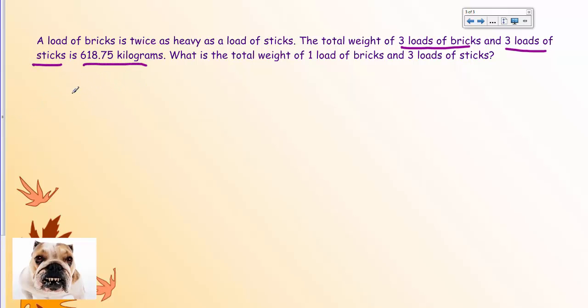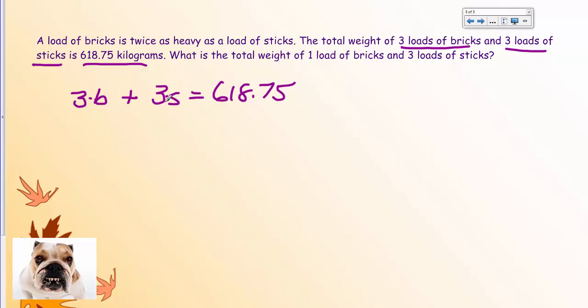If we were to write that, think of 3 being the loads and the B for the bricks, plus 3 loads of sticks, let's just use S, is going to equal 618.75. Now this is 3 times. Remember, this means times. So whatever the one load of brick is, we're multiplying that by 3.